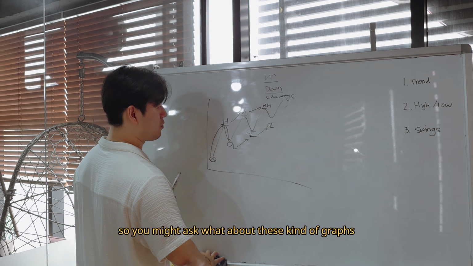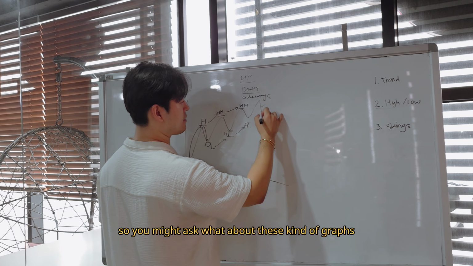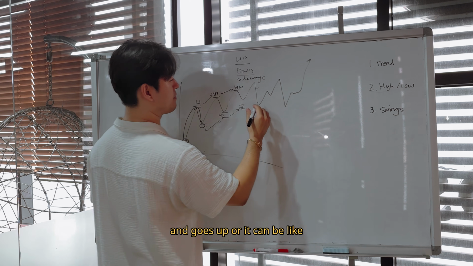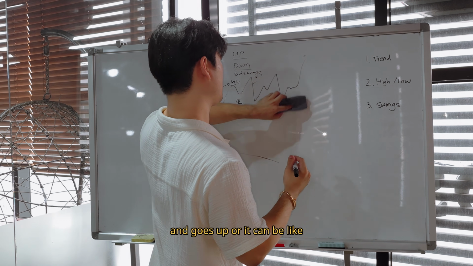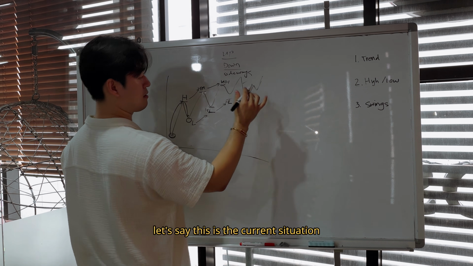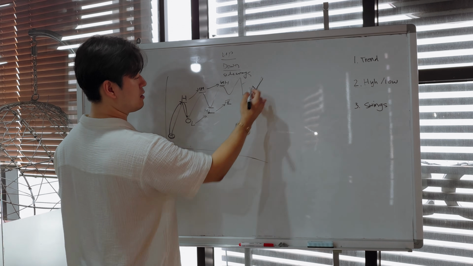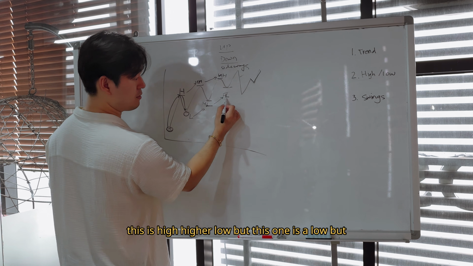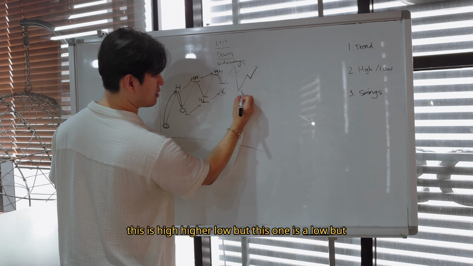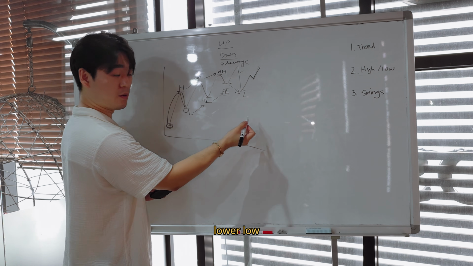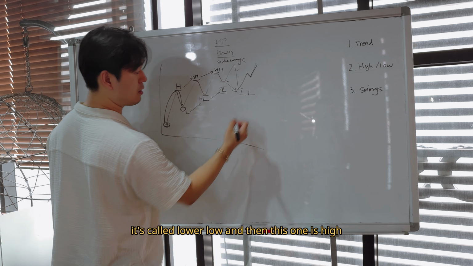So you might ask, what about these kind of graphs? And it goes up. Or it can be like until here. Let's say this is the current situation. And what about this? Here, this is higher low, but this one is a low, lower low. It's called lower low.